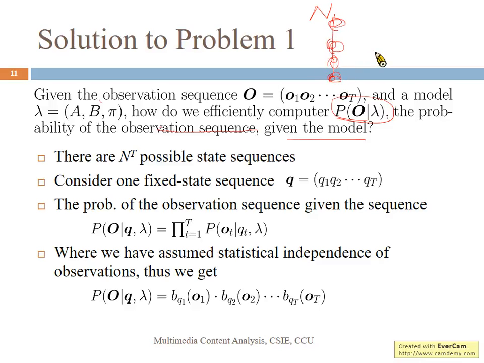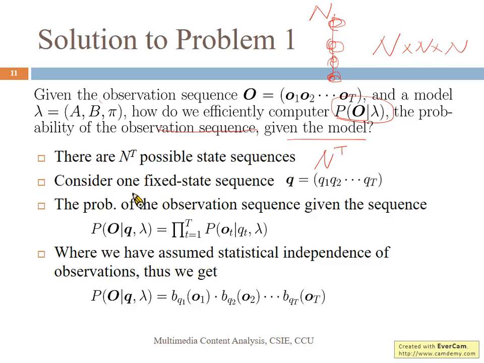So at each time instance, we have N possibilities, and because we have T time instances, the number of all sequences may be N multiplied by N multiplied by N, and so on. Therefore, we have N to the power of T possible state sequences, and this would be a very large number.